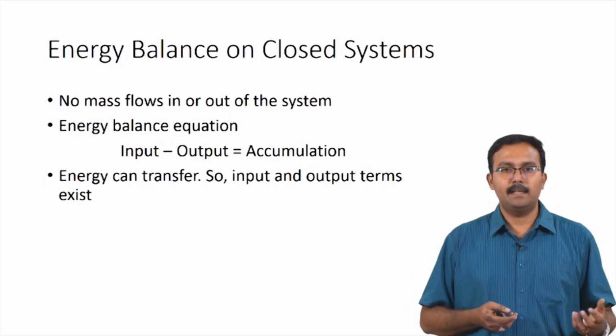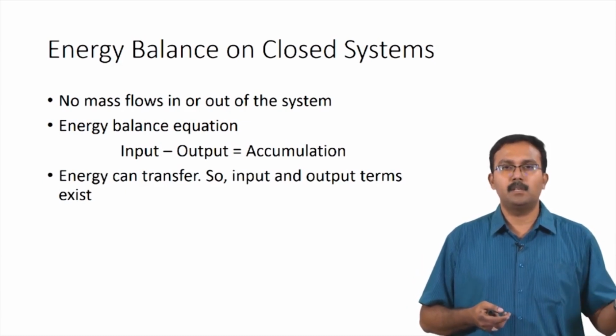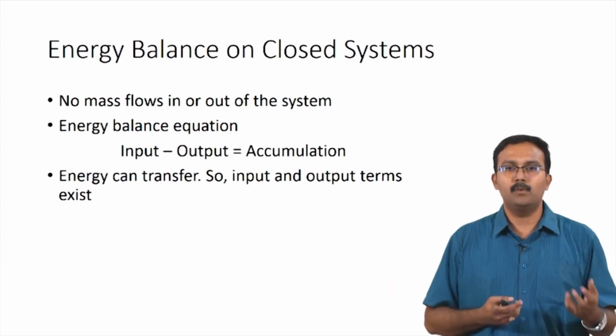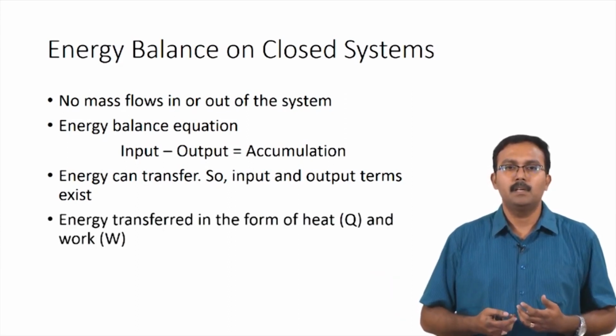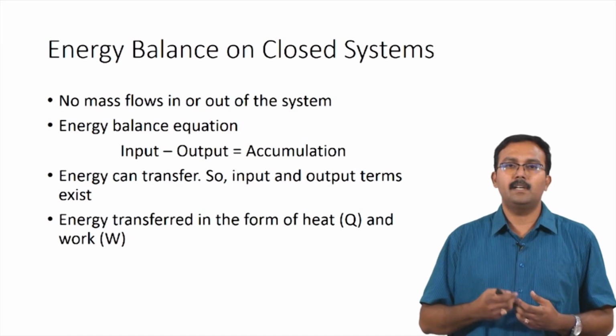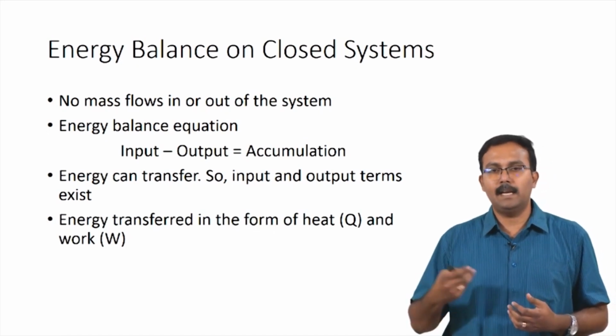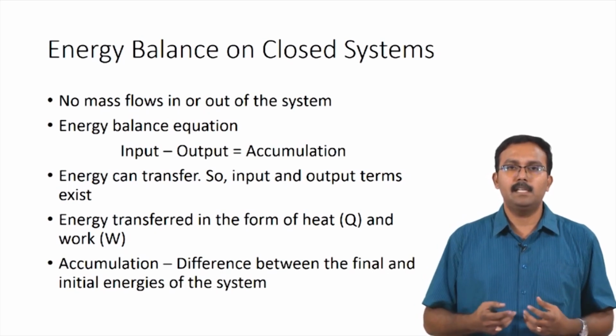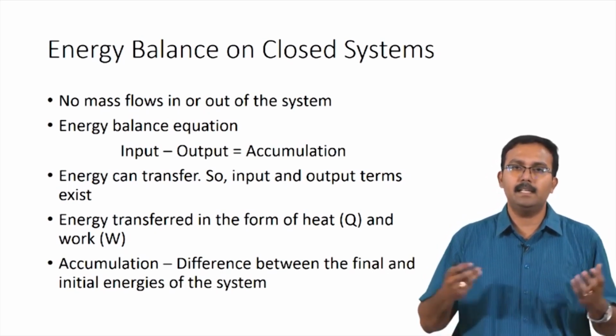So, energy can be transferred from one system to the surroundings or from the surroundings to the system. This means there would always be input and output terms, and energy can be transferred in terms of heat and work, which we already saw, and accumulation would basically be the difference between the final and the initial energies of the system.